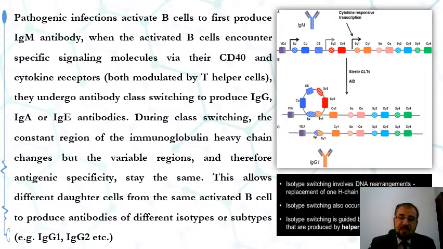So the specificity of the antibody will be the same, and even switched antibodies produced by the B lymphocyte will attack the same antigens specifically, but with different mechanisms. This is isotype switching.